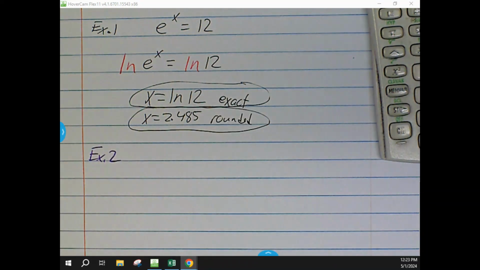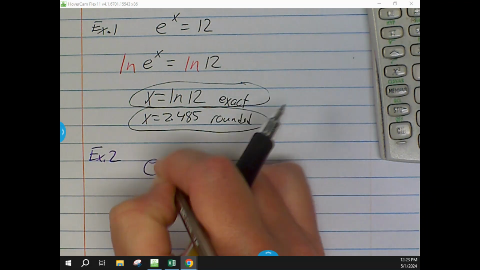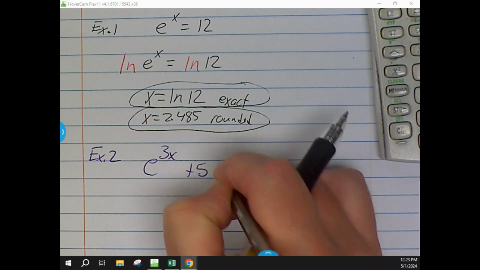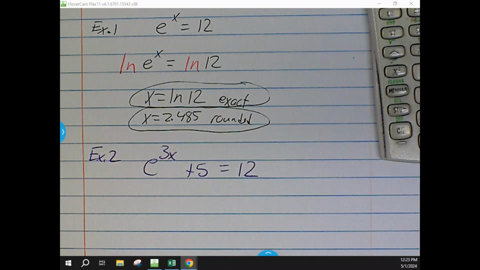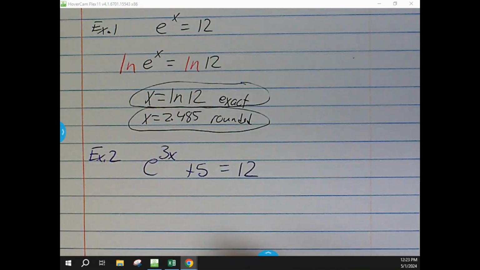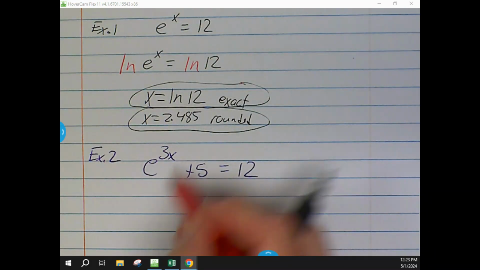Okay, a couple more and then we're done. For this one, we'll go e to the 3x plus 5 equals 12. The one thing that's different about this one, this is why we're picking this one, is you have to have e by itself.